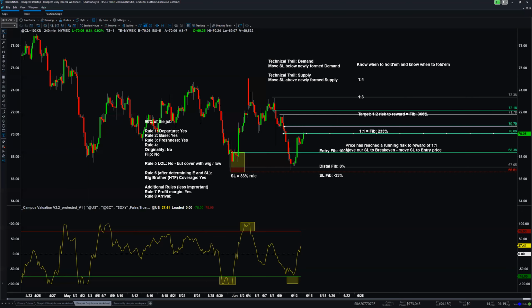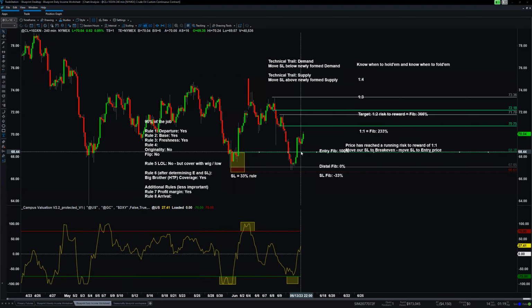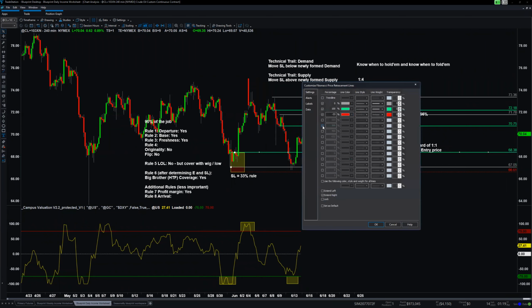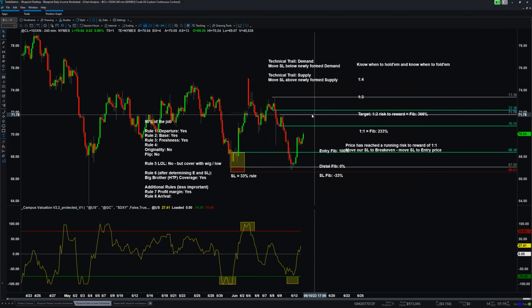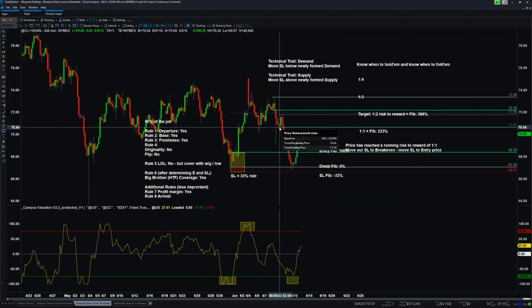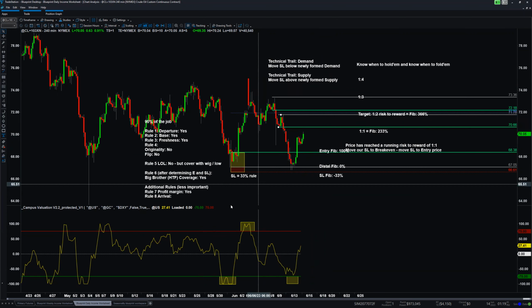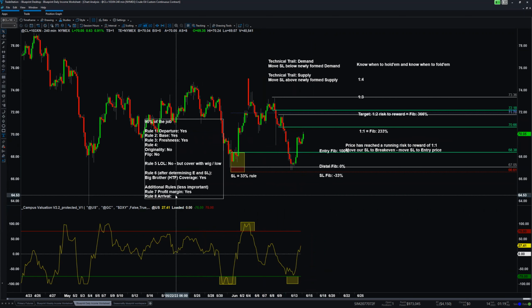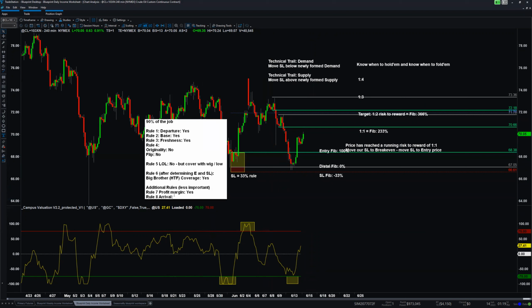Now with the zone that we had, because there is already opposing supply right there, and my 1 to 2 is up here, if I were to look at that rule and isolate it, that arrival rule is not really met, right?